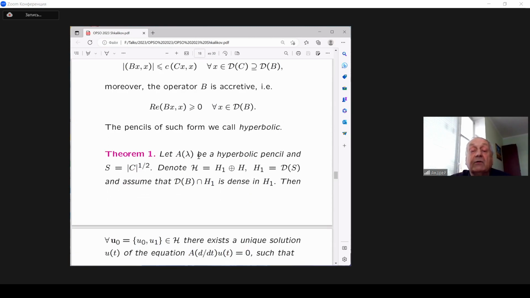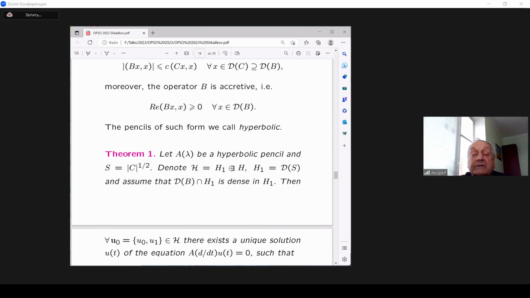Theorem 2: let A of lambda be a hyperbolic pencil, so these conditions do hold, and S equals, you see, here I assume that C is positive, but in the next theorem, C will not be positive. So I denote the modulus of C, the operator S, that's a square root of the modulus of C.